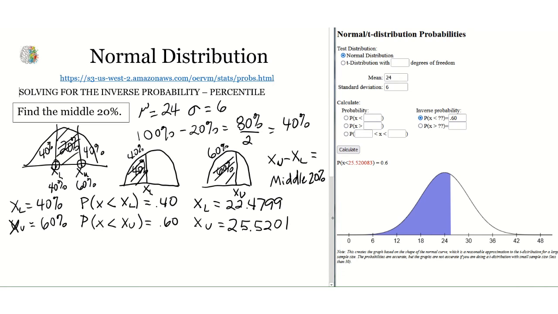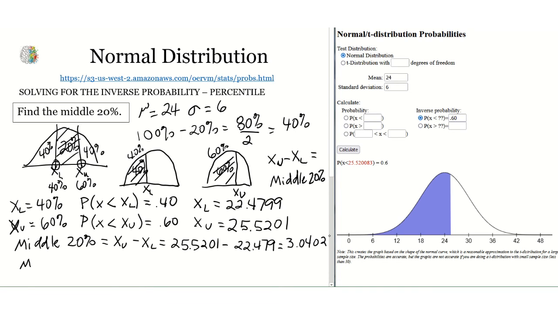So now I'm going to take those two numbers. I want to get the middle 20%, and so that is going to take that upper boundary minus the lower boundary, and when I subtract those two values, that gives me 3.0402.